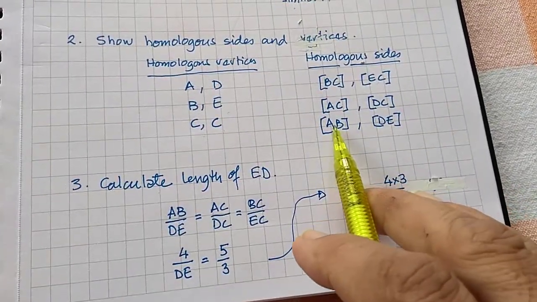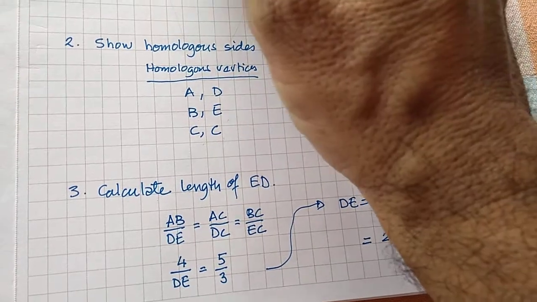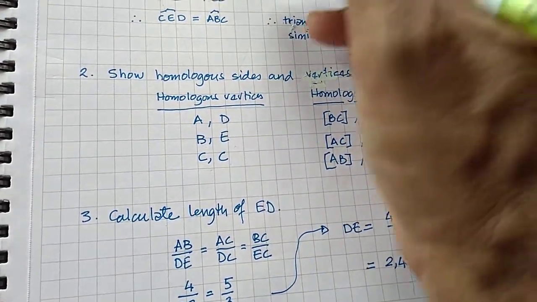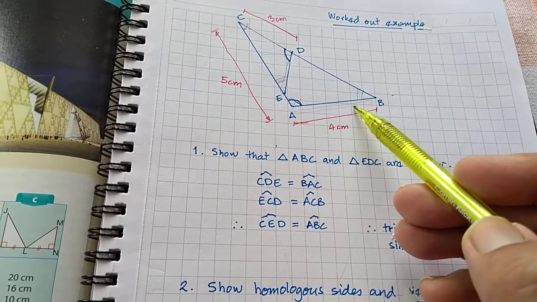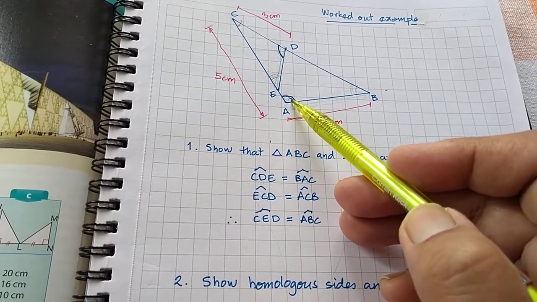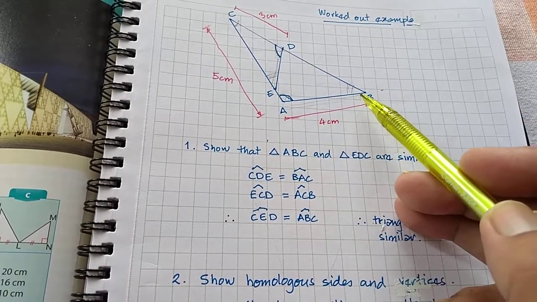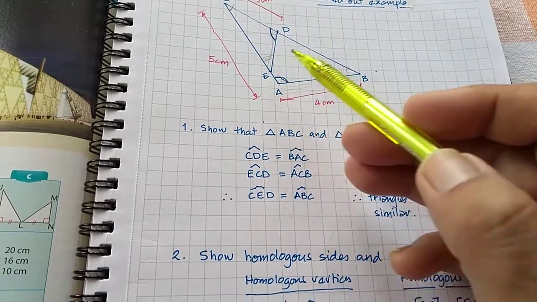And finally, AB is homologous to DE because this angle is equal to this angle. So these two sides are homologous because you have one angle on this side which is equal to one angle on the other side. So AB is homologous with DE.